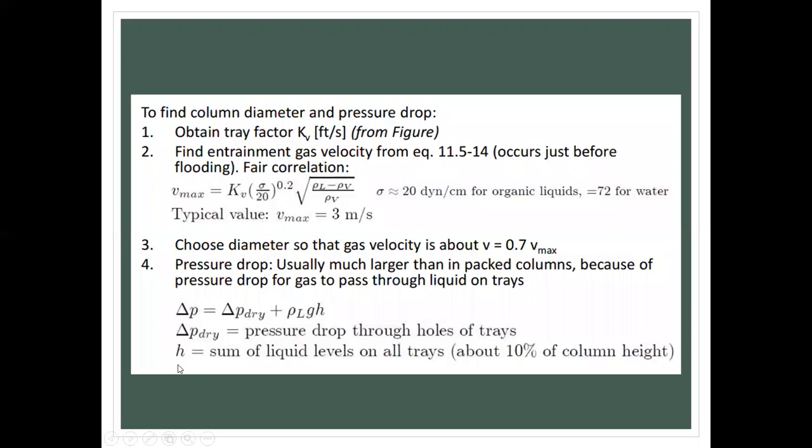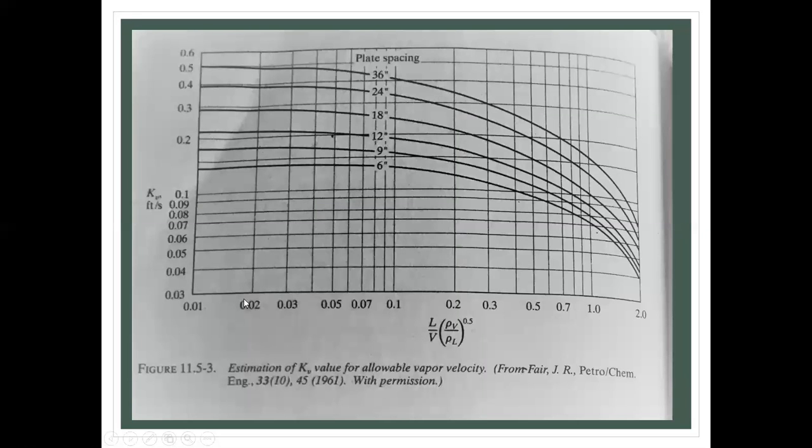And H, take note, is the sum of the liquid levels on all trays, which is about 10% of the column height. So the problem will make mention of this, otherwise we won't be able to determine delta P for our tray columns. So we have this from John Couples.